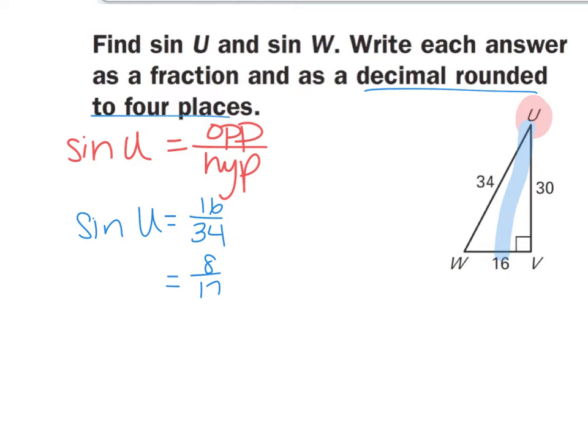So you're just going to type that in your calculator, 16 divided by 34, or you could say 8 divided by 17. It's going to give you the same thing. So we have 8 over 17, or the decimal version is 0.470, and you're rounding to 4 decimal places. So it says in your calculator 5/8, so this should be 6, because that 8 causes it to round up.